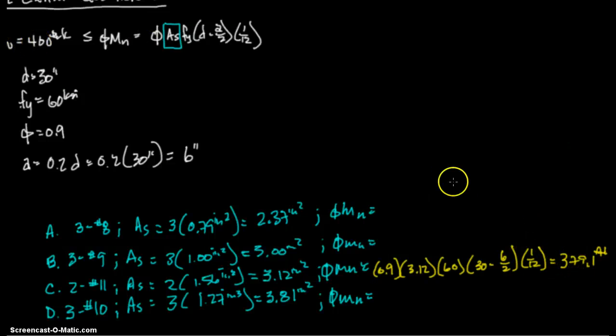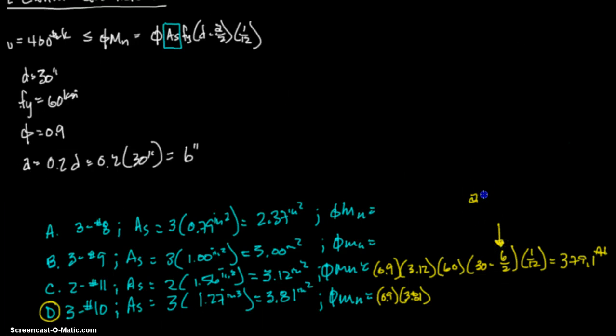Our capacity is less than our load, and therefore you could just figure out d. But let's go ahead and solve for d just to make sure, because we like to be thorough. 3.81. And remember, this a right here is dependent.